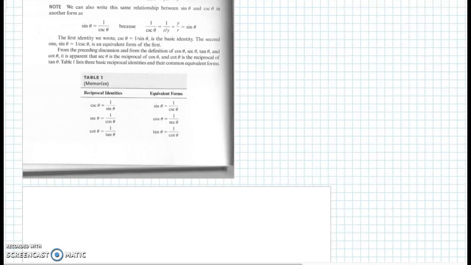These statements refer to the reciprocal nature of cosecant, secant, and cotangent back to sine, cosine, and tangent. So let's look. If sine of theta equals y over r, and if I go 1 over, this means I'm taking the reciprocal.